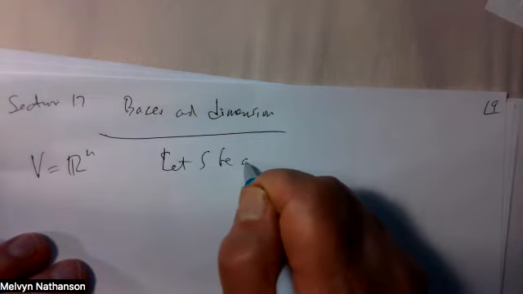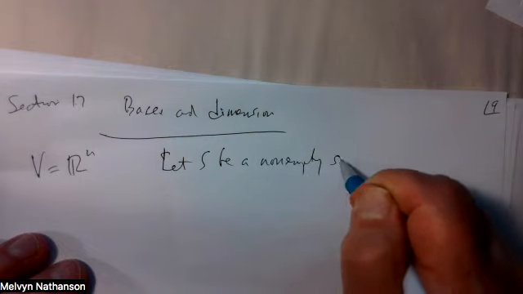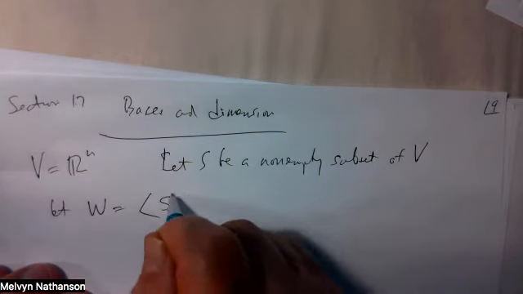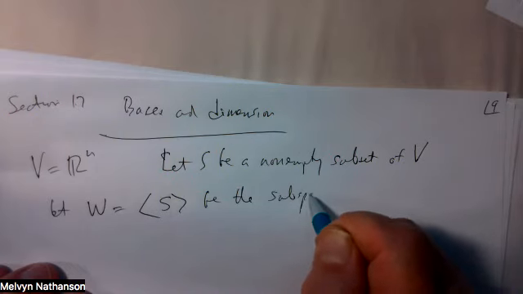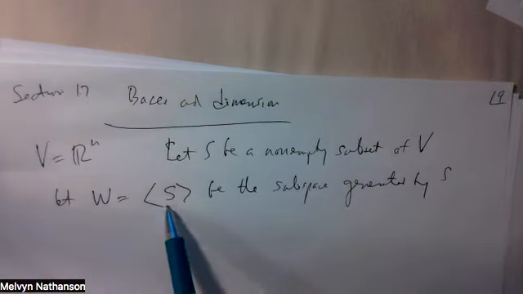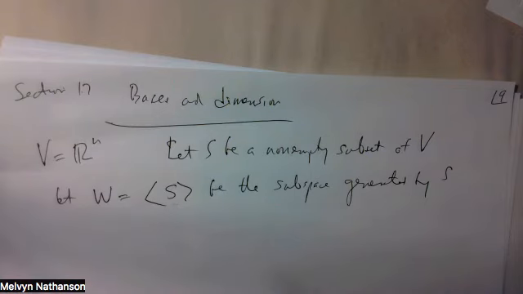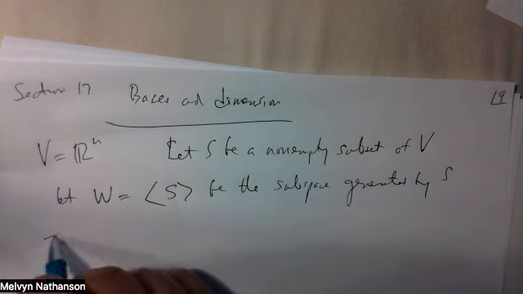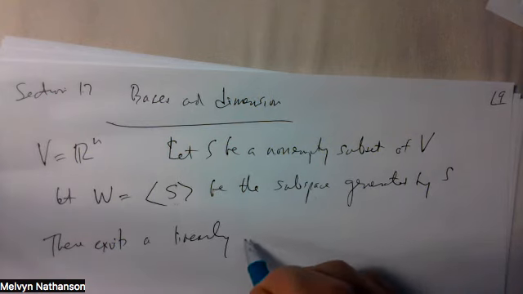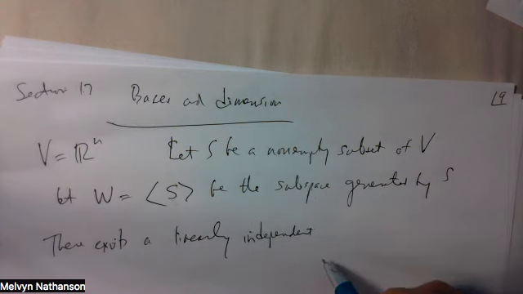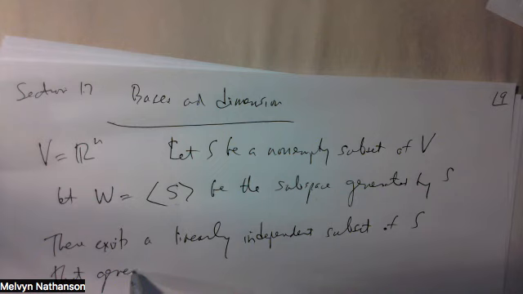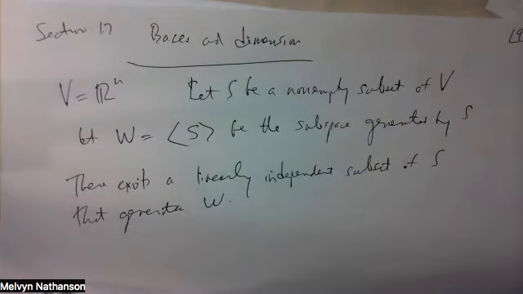And let S be a non-empty subset of V, and let W be the subspace generated by S. So this is the set of all linear combinations of vectors in S. And the theorem says that there exists a linearly independent subset of S that generates W. Let me give an example.